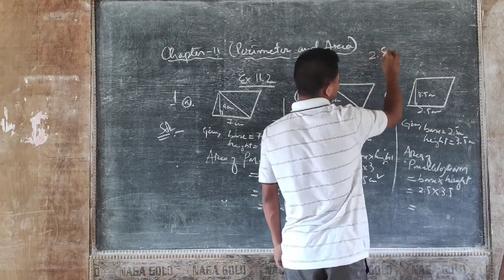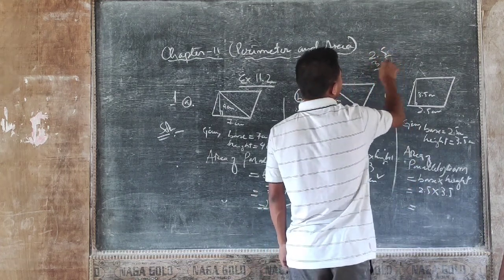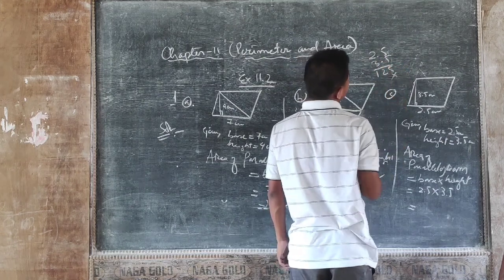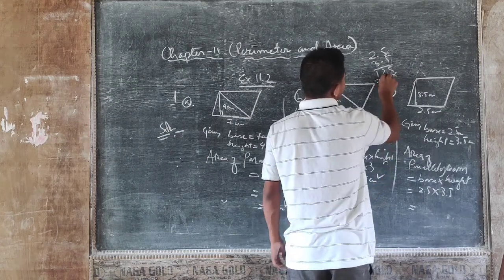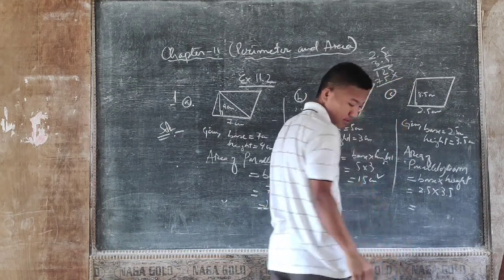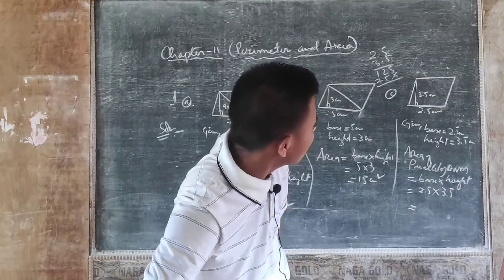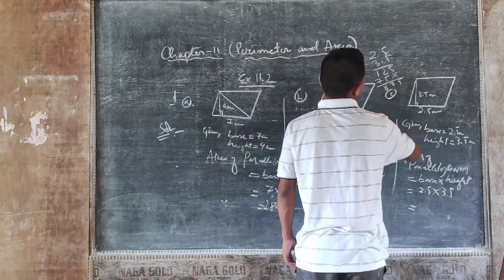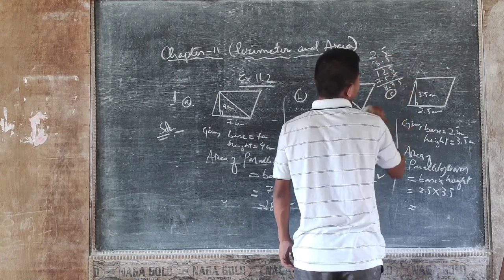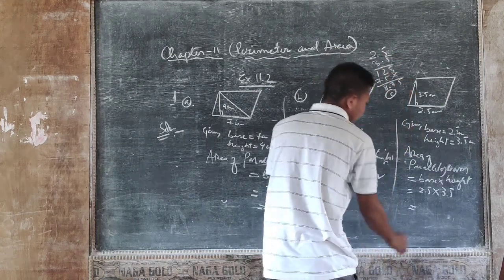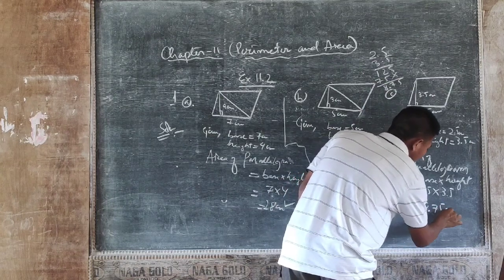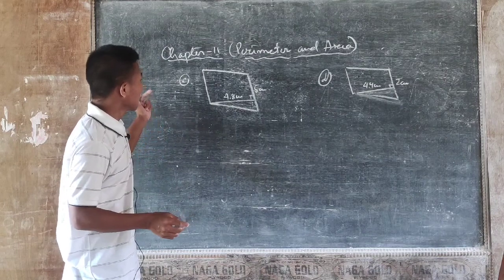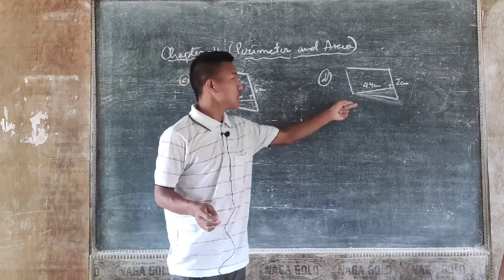So 2.5 into 3.5. 25 into 5 is 125 and 25 into 3 is 75. So we will have 5, 7, 8, and the 2 points you bring it here, you will have 8.75 square centimeters.